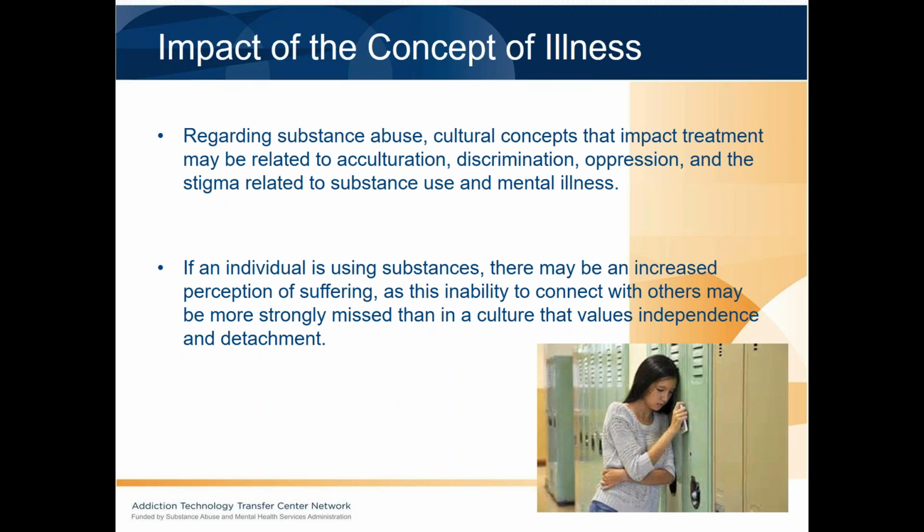And this is the idea that you can empathize with someone, as a human, but if you don't understand the cultural component needed in that empathy, we can be missing something, which is exactly these factors: their experience of acculturation, discrimination, and oppression, regarding their own experience as a person and their experience with substance use and mental illness.